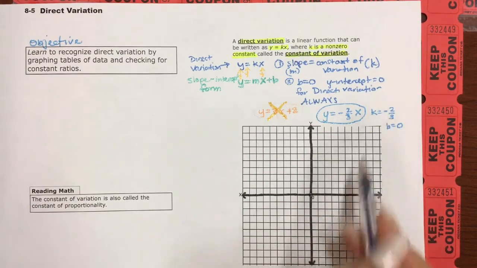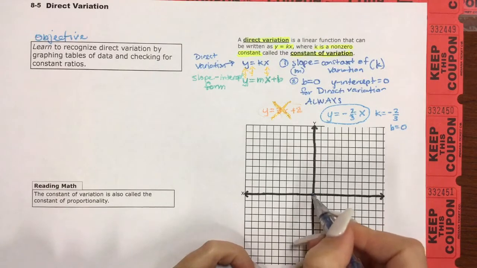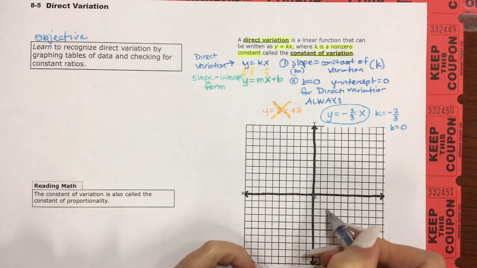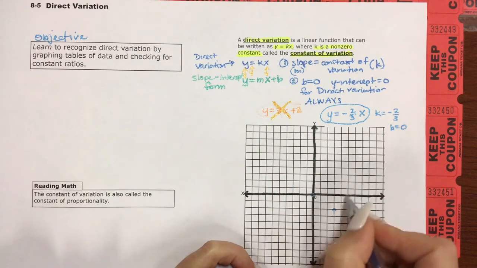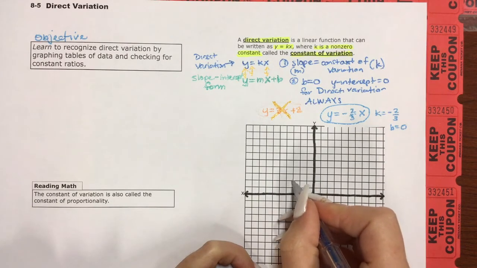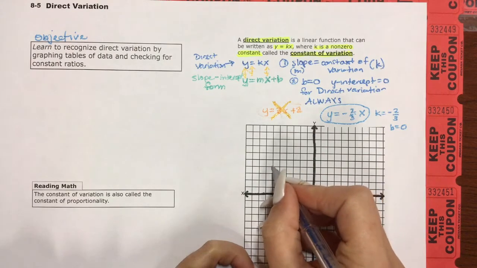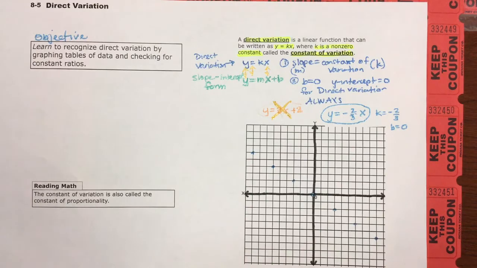From this point I graph the slope: down 2, over 3. And the same thing the other way, up 2, over 3. That would be our direct variation equation.